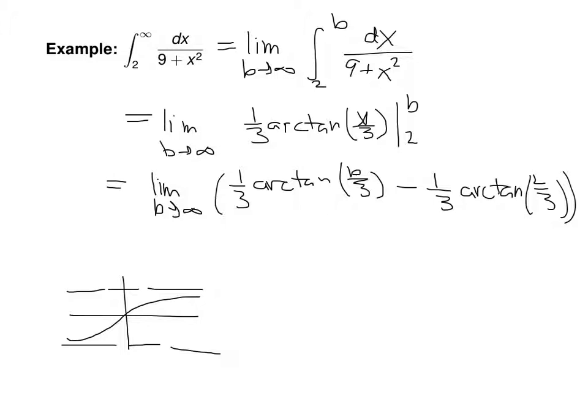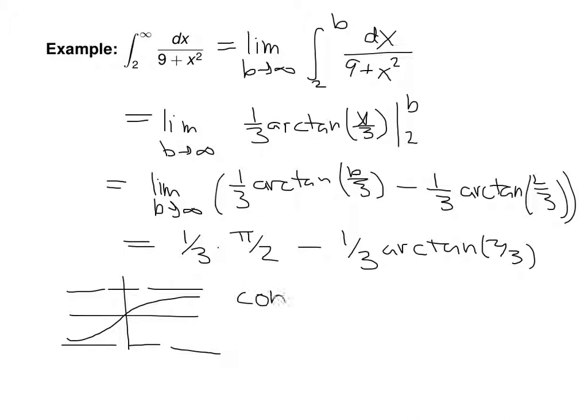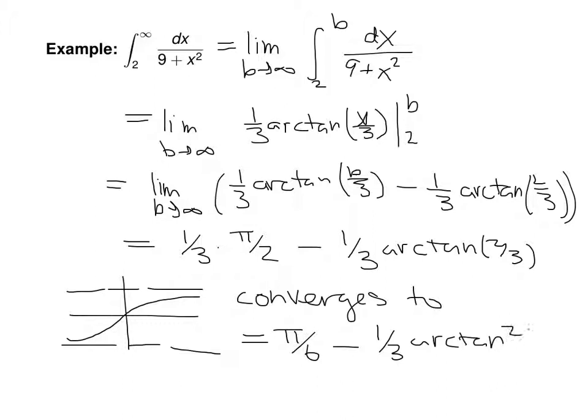Taking arctan of b over 3, it's just going to get there more slowly. So this limit will equal 1/3 times pi halves minus 1/3 arctan of 2/3. So this integral converges, and it converges to pi over 6 minus 1/3 arctan of 2/3.